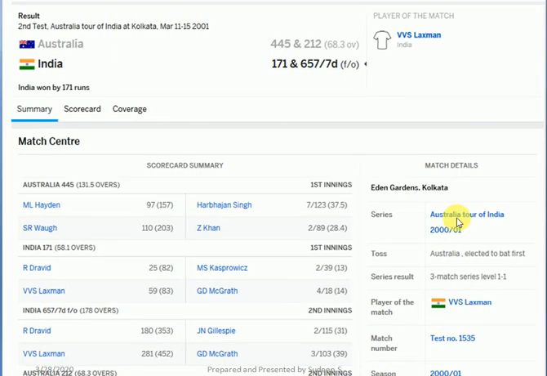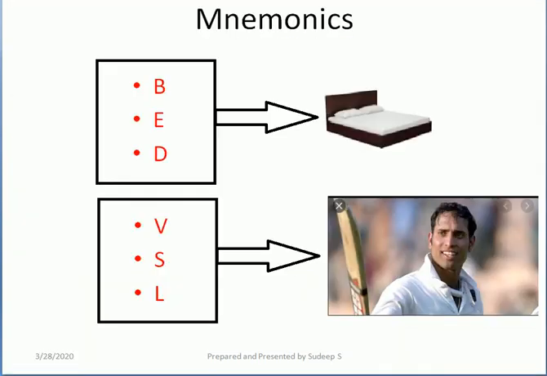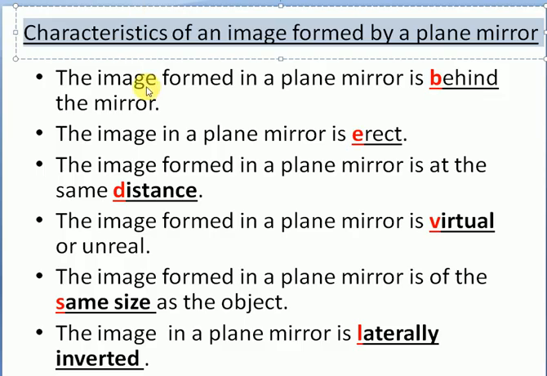After the end of this series, VVS Lakshman was also referred to as Very Special Lakshman. What we learn from this test series is that you should never ever give up, and the characteristics of an image formed by a plane mirror.